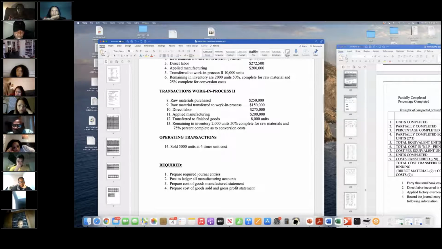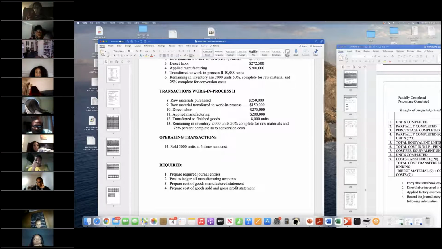Direct labor, applied manufacturing overhead, and how much you transfer into finished goods, with the remaining in inventory, 2,000 units. 50% complete for raw materials, 75% complete for conversion costs.